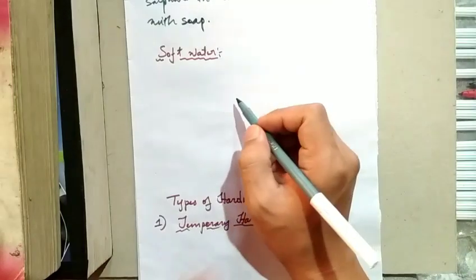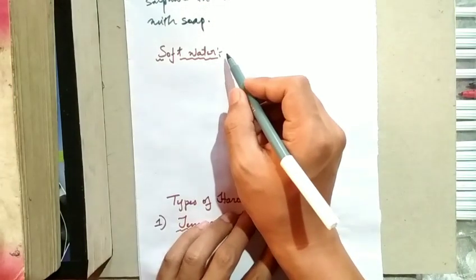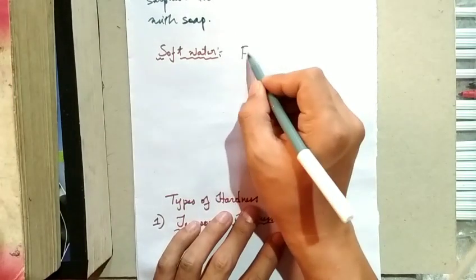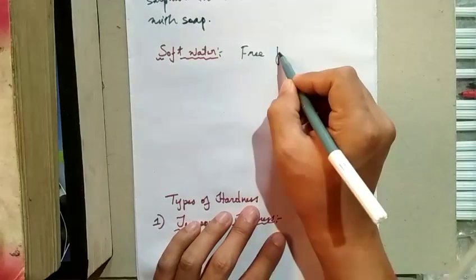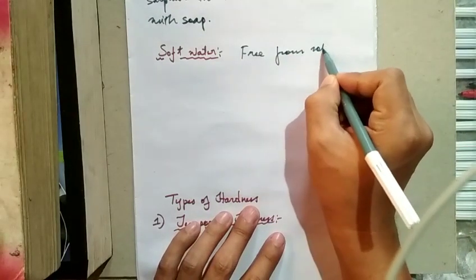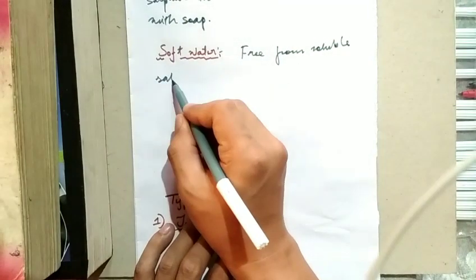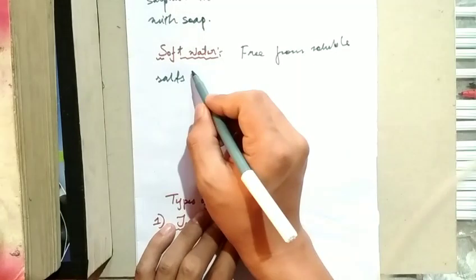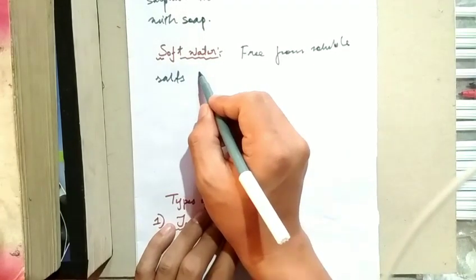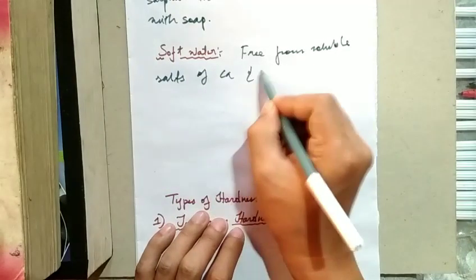So what is soft water? Soft water means water that is free from all these ions, from soluble salts, or we can say ions, of calcium and magnesium.